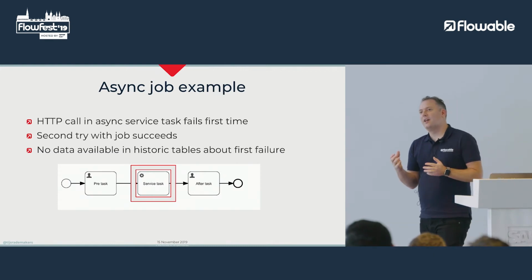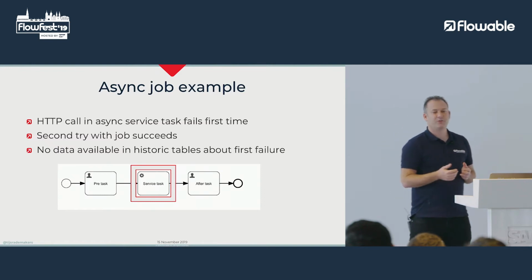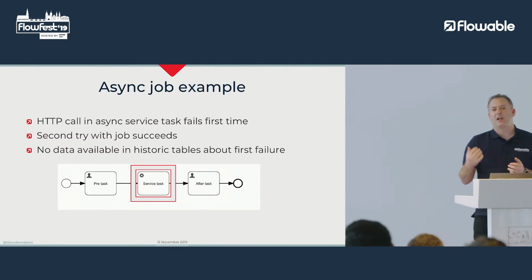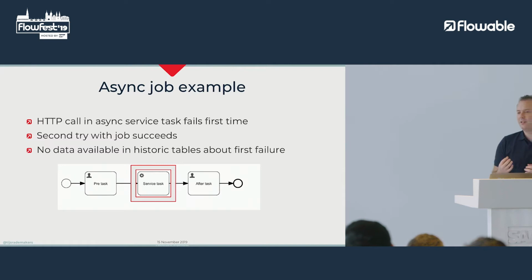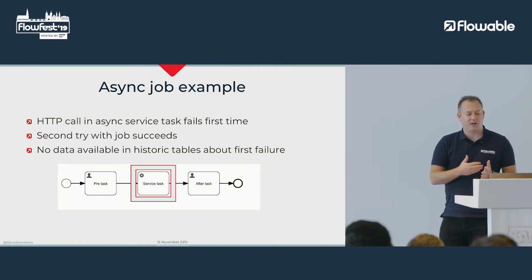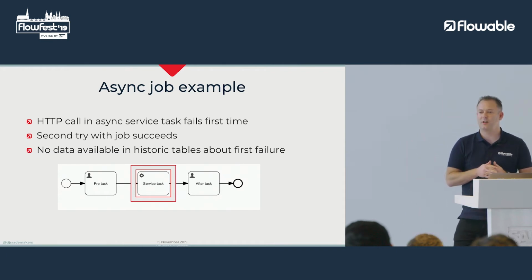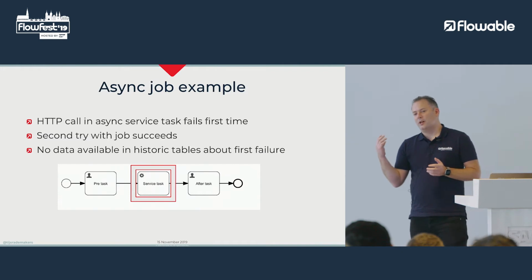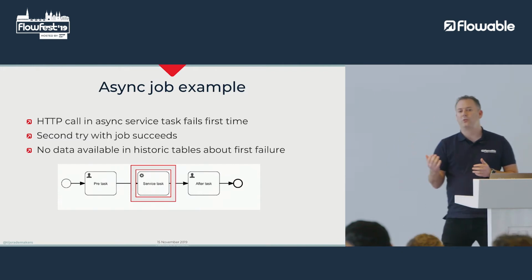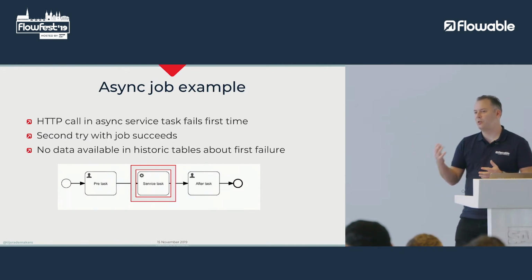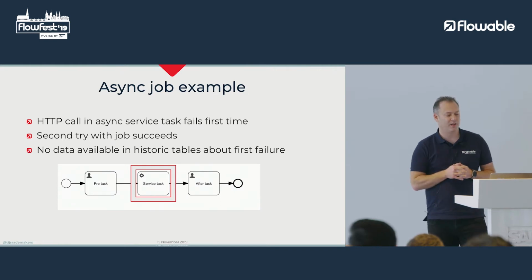But in the end, if you are running thousands of these instances, it might actually be quite handy to know, oh, there are 500 failures the first time to that HTTP task. And looking at the historic tables or any other data, you won't know that. You won't know that it has failed so many times.